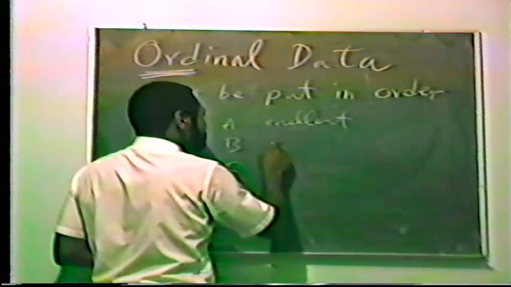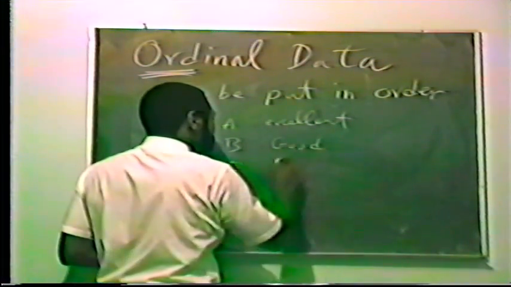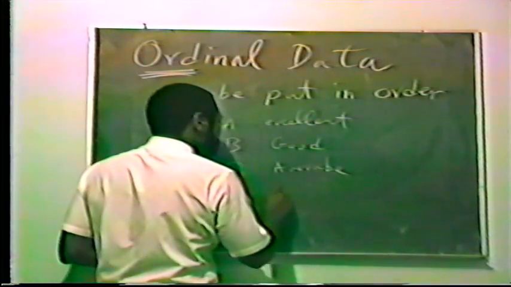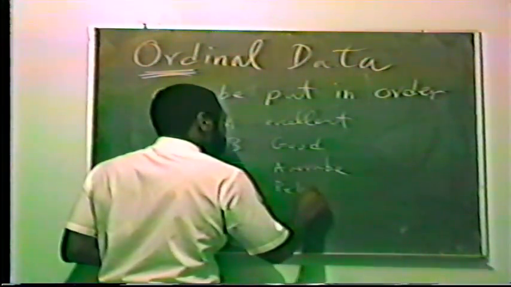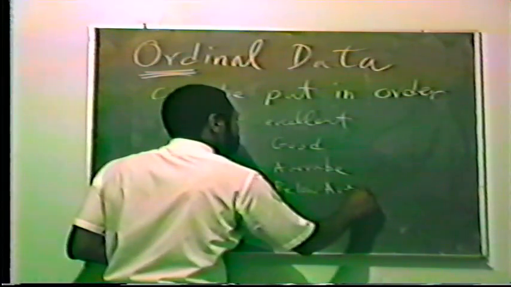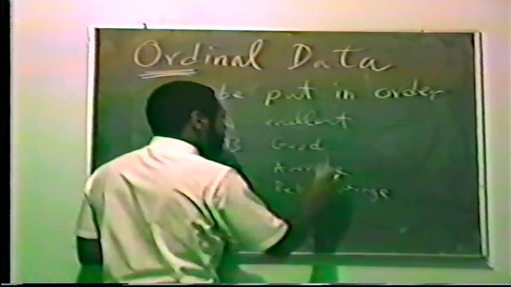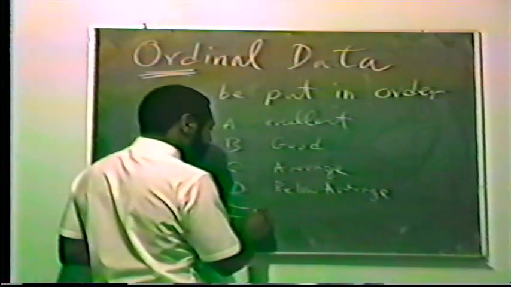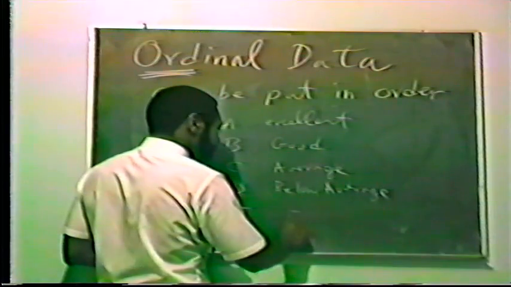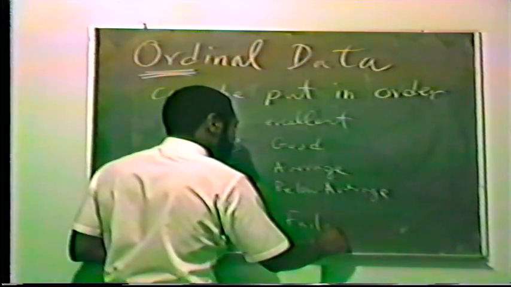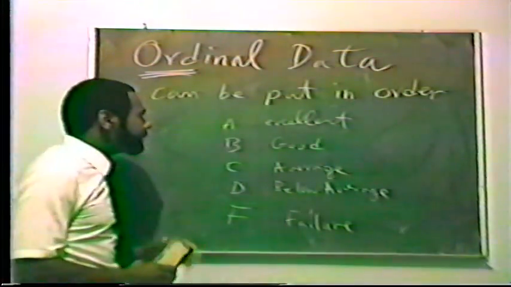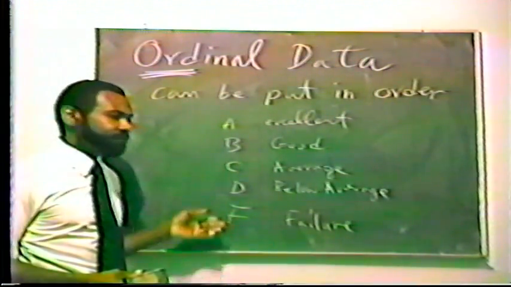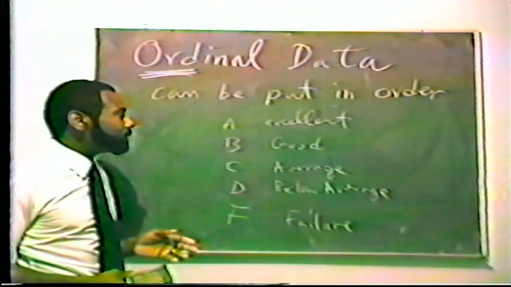A B would be good. A C would be average. A D would be below average. And an F would be failure. So we can put these letter grades in order. So the letter grades are examples of ordinal data because we can put them in order.